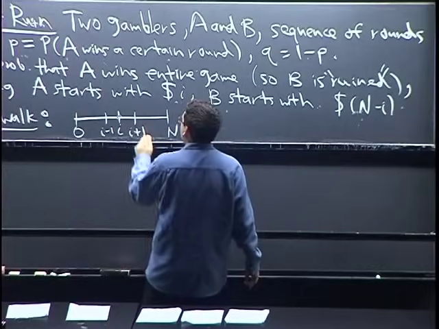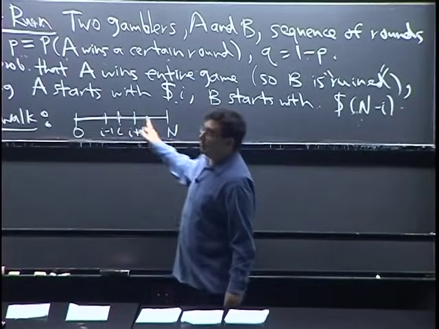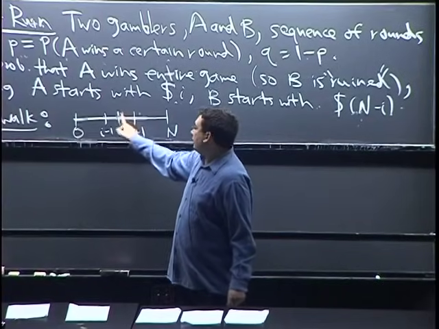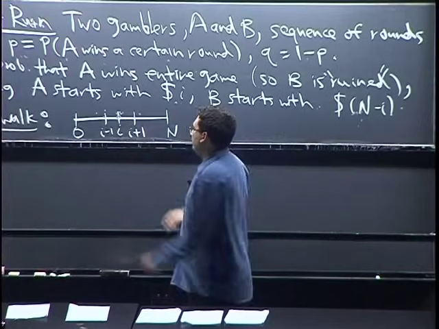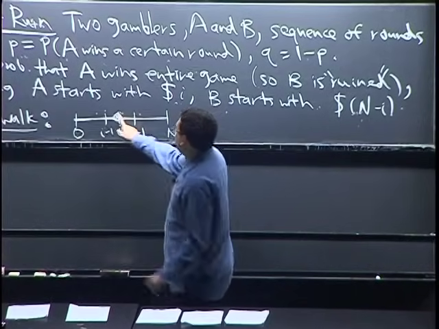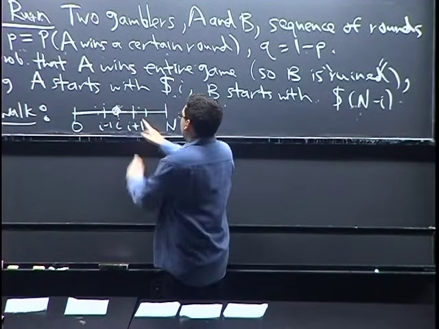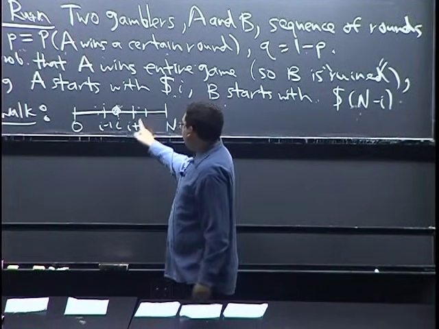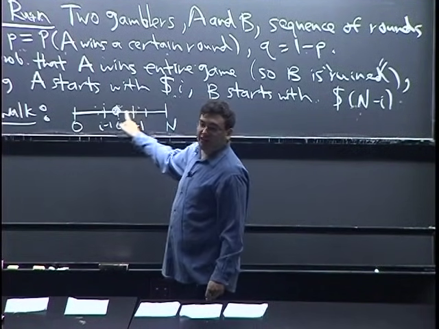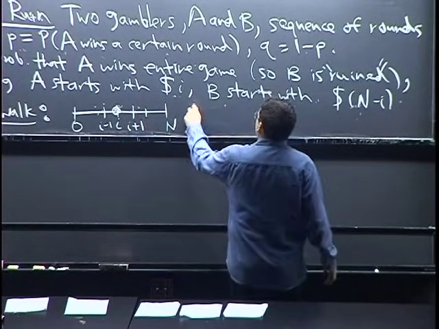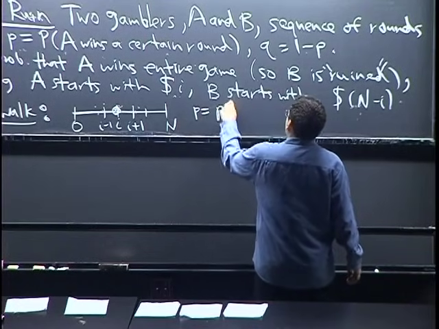It could be 50-50, but more generally, there's probability P of going to the right and Q of going to the left. So it starts here, and then it either goes here or here, and then it either goes back to I, or it goes to I plus 2, and keeps wandering around like that. So this will be a random walk where P equals the probability of moving right.